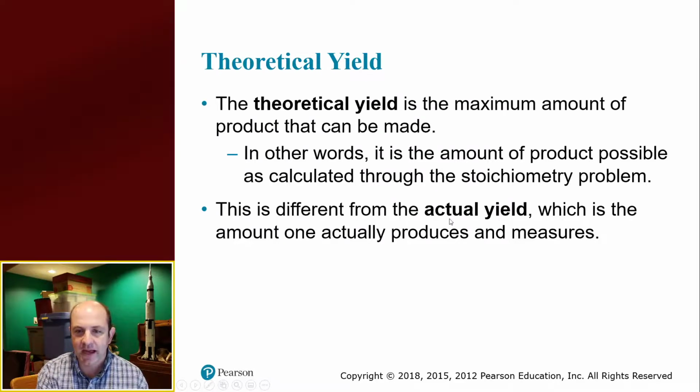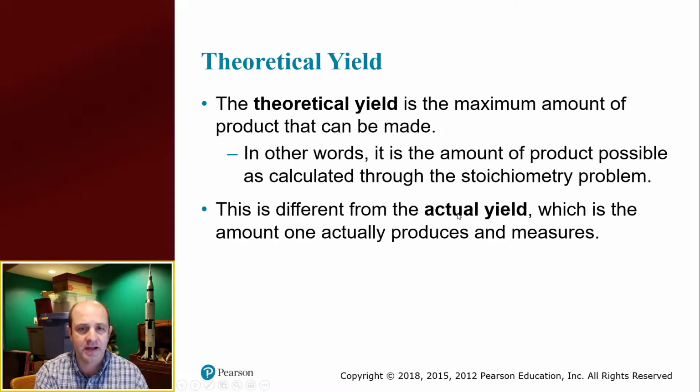And that's different from the actual yield, which is what we actually get. So when we do a lab, the actual yield is what we actually measure on the balance at the end or whatever. And these will be different because of, hopefully not mistakes, but maybe we didn't give it enough time. Maybe things didn't stir enough. Maybe we needed to heat it up more. Like I said with time, maybe the class period was ending, so we had to say, no, we've got to stop now so we can finish the other steps.